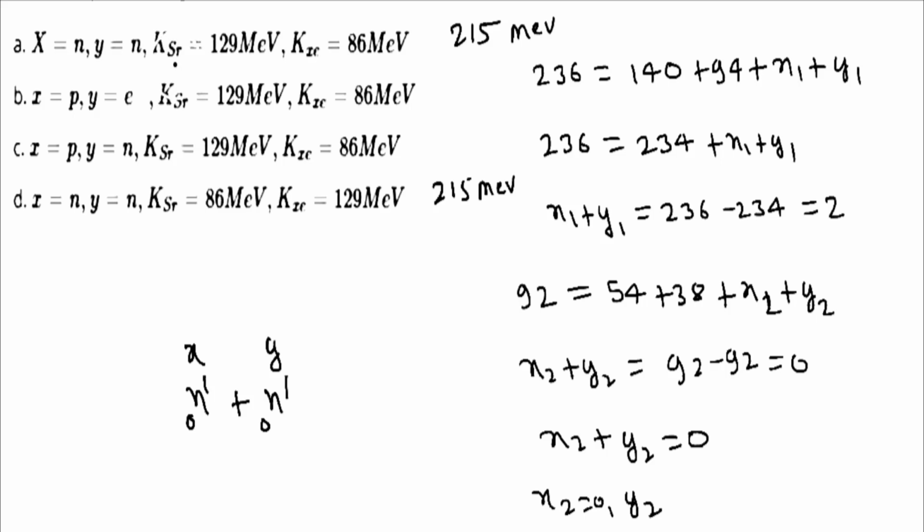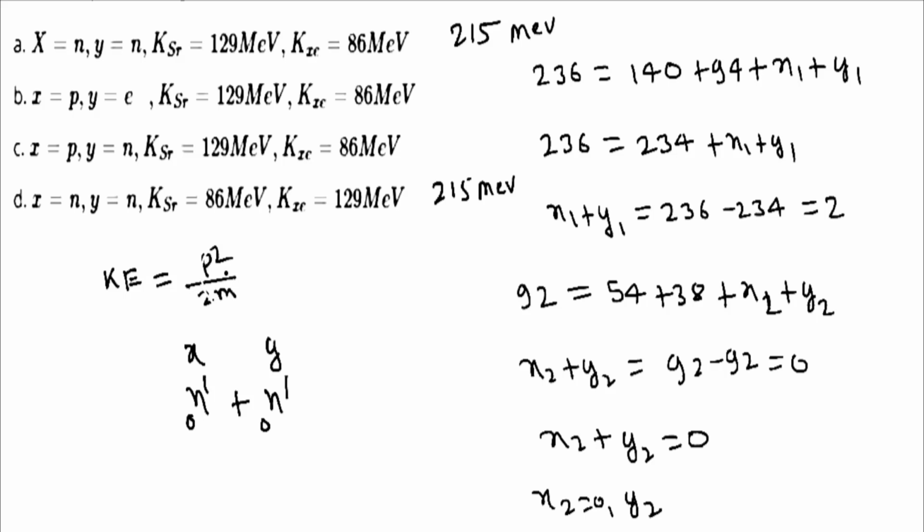So here the kinetic energy of this Sr is 129. We have to use this concept: kinetic energy is equal to P square divided by 2m, clear? From here we can see that the kinetic energy is inversely proportional to the mass, for a given momentum.